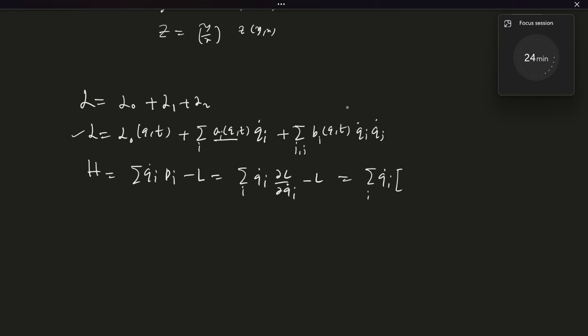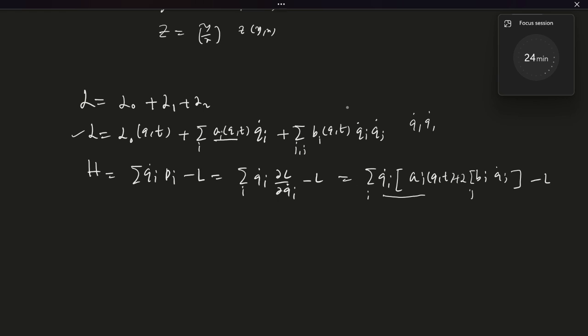If you do ∂L/∂q̇i, from here you can easily get ai, a function of q and t, and from here you will get some bij and your q̇j with summation over j. And if you again sum over it, there will also be some two terms, because when i and j are the same, there will be just q̇1 q̇1.